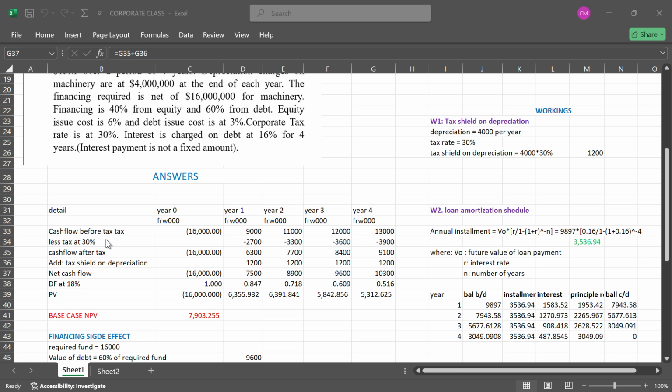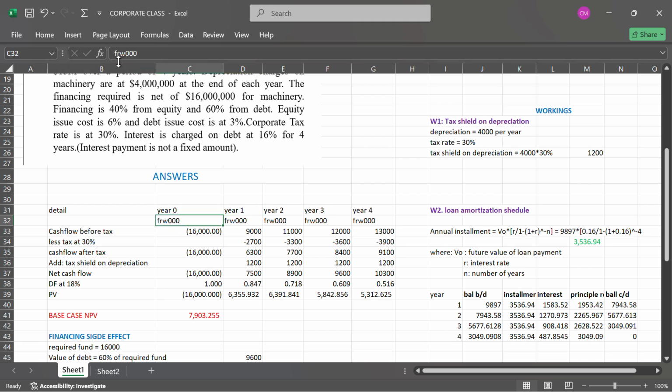Then, as you see, they have given us the cash flow before tax. You see here is the cash flow before tax. Sorry, here I have typed tax twice. Okay. In year 0, they told us the initial amount is a net of 16 million US dollars.